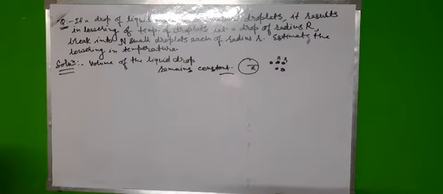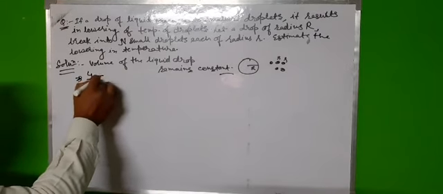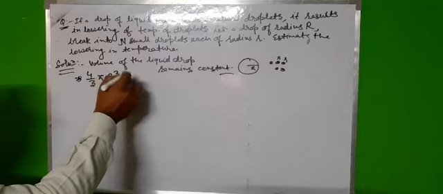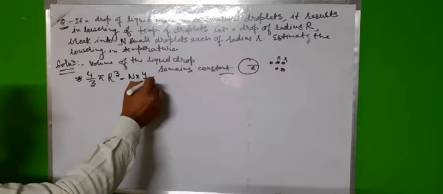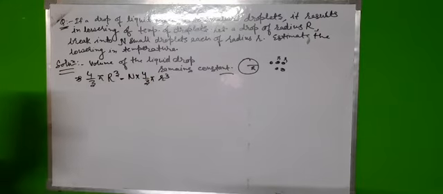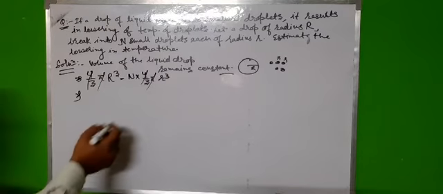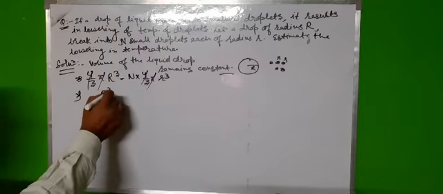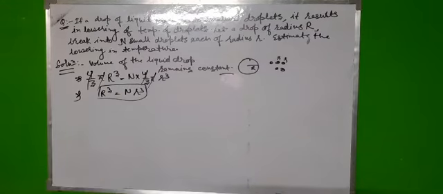As the volume of the liquid drop remains constant, the volume of the bigger drop, 4 by 3 pi R cube, is equal to n into 4 by 3 pi small r cube. Okay students, 4 by 3 cancels out, pi to pi cancels out, and from here we get the relation R cube is equal to capital N small r cube. Now we are going to further calculate the change in surface area.